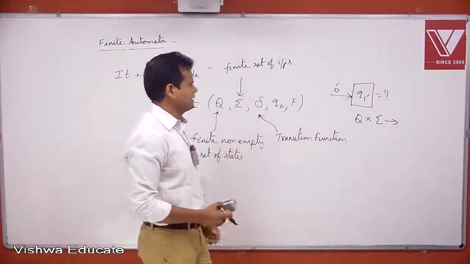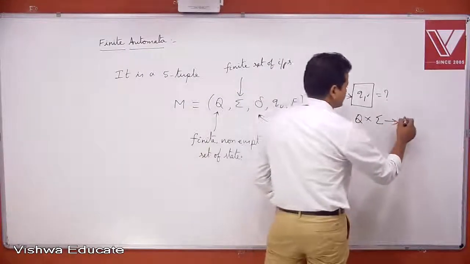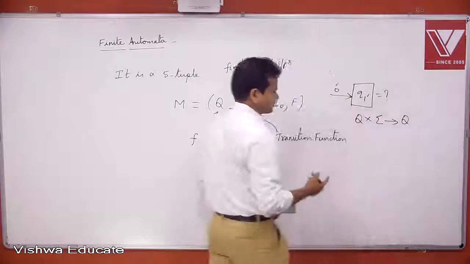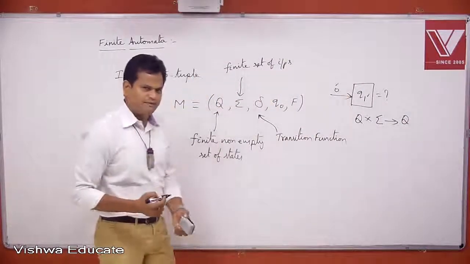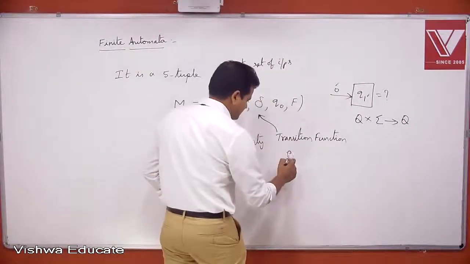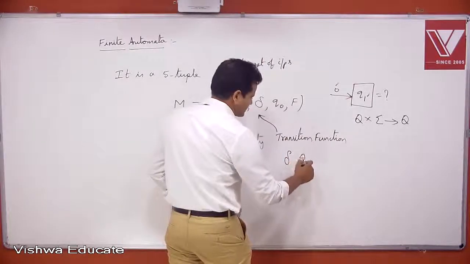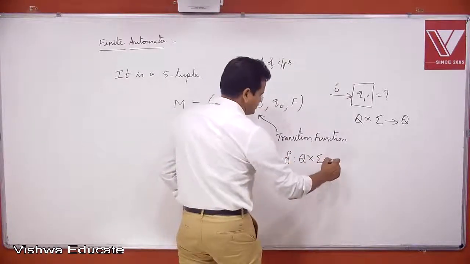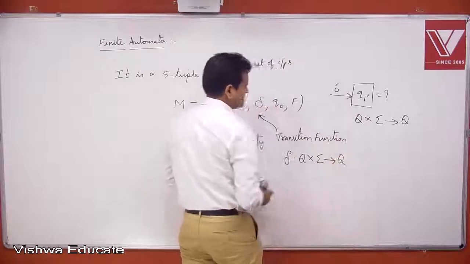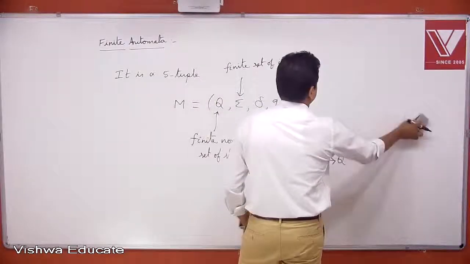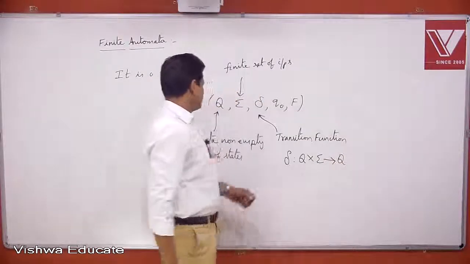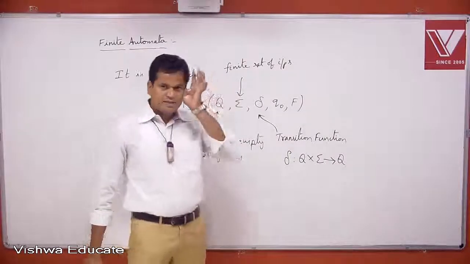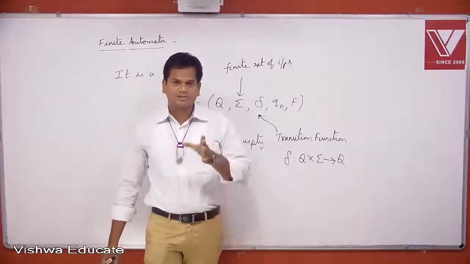Clearly, the next state is also one of the states from Q. So that is the mapping of the transition function. We can write it like this: it takes a state and input and gives the next state. This is the mapping.